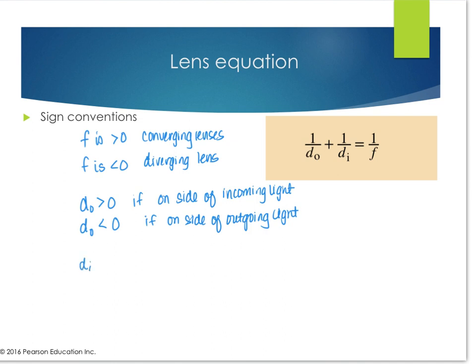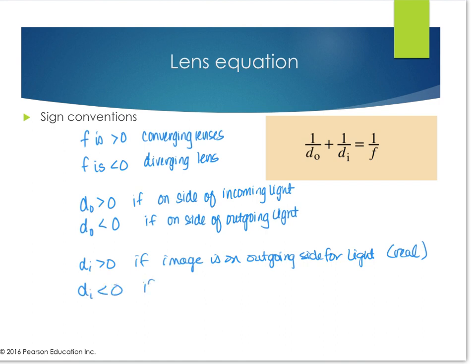Finally, our image distance is greater than 0 if the image is on the outgoing side of the light for the lens. And this is a real image. And the image distance is less than 0 if the image is on the side of the ingoing light. And that's when you have a virtual image.